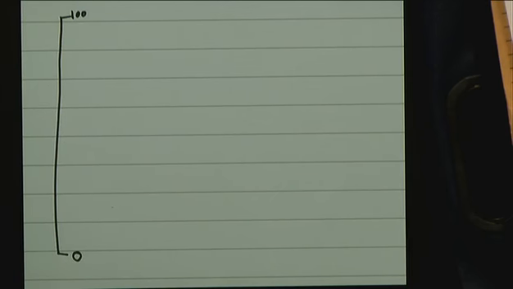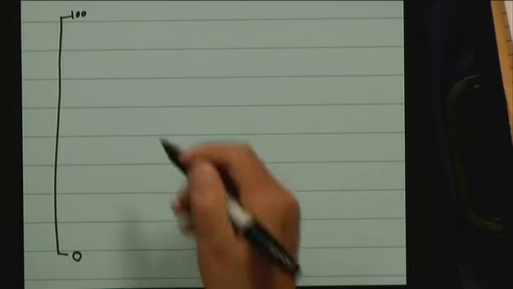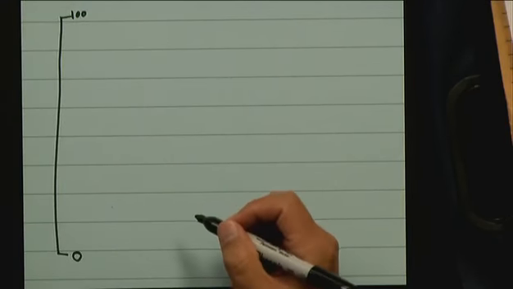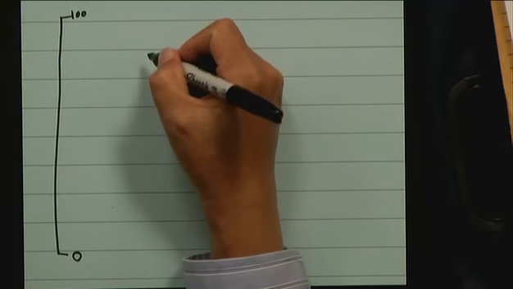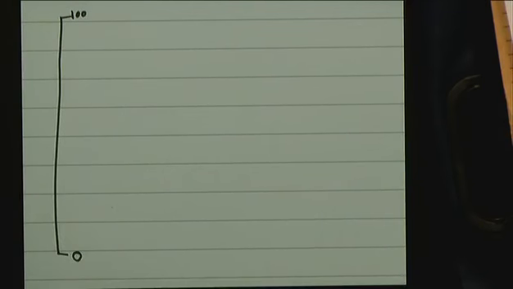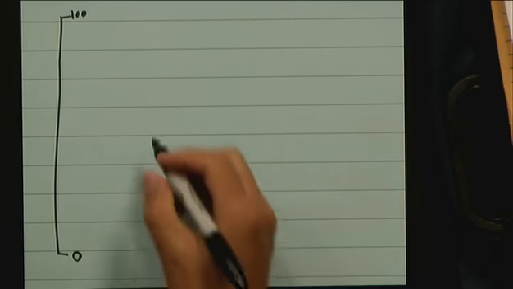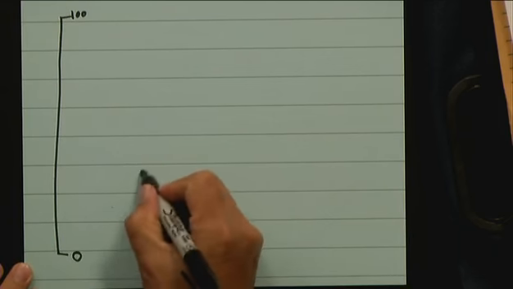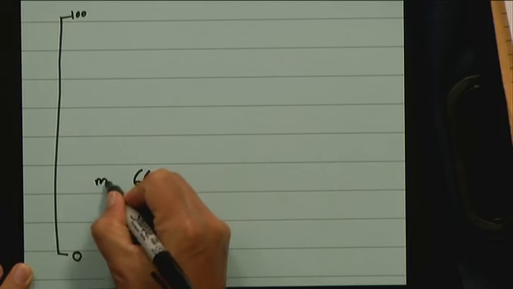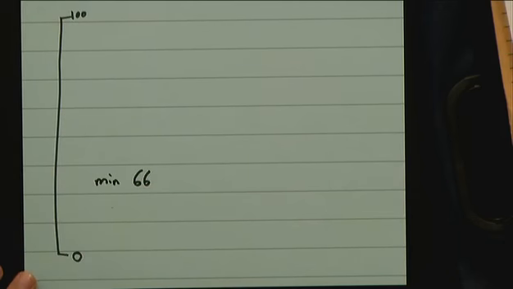Then we do have the distribution for the actual class. This is the absolute scale here. I'm happy to report we don't have anyone near 0, so that's good. The lowest is actually 66, so our minimum is 66.